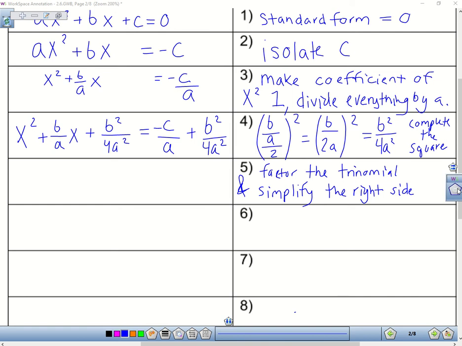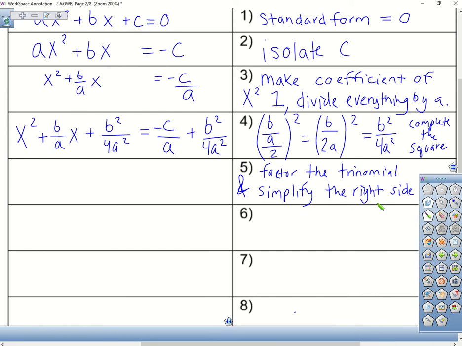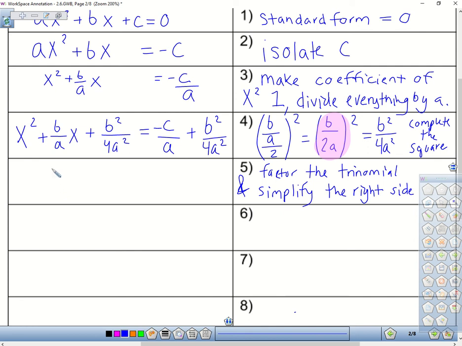So you know how, when we did completing the square, I was really focused on you understanding that whatever you get before you square your term is always going to be what goes in your binomial. Okay? That's always half of this number is going to be your two binomials. So this is going to be x plus b over 2a times x plus b over 2a. That's basically, if we were to factor this, is equal to.